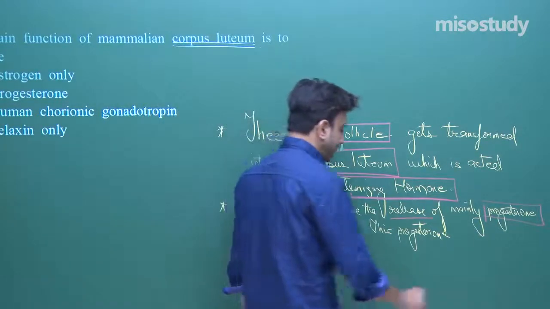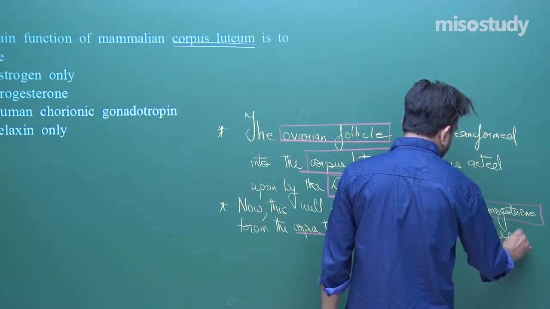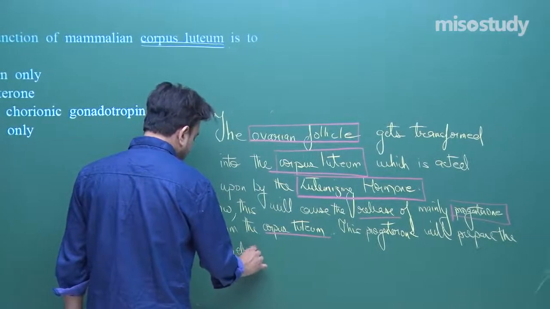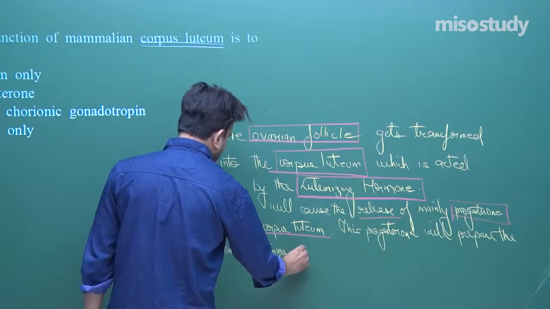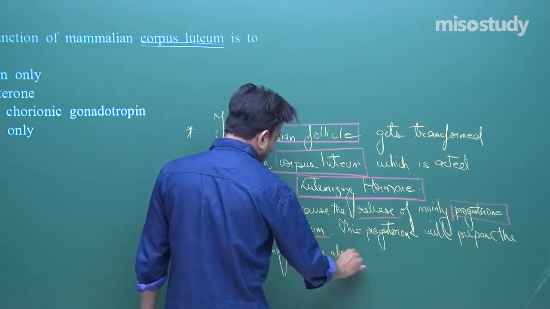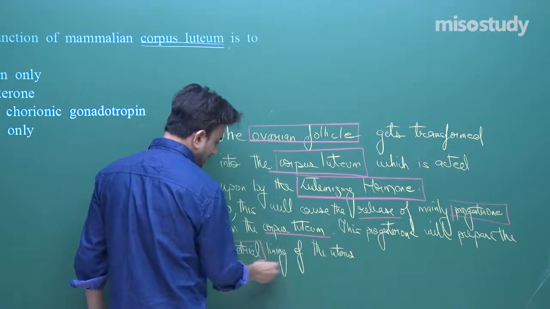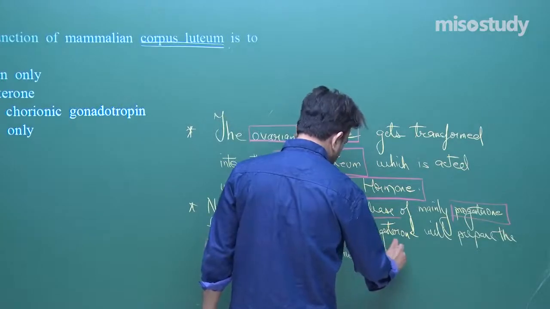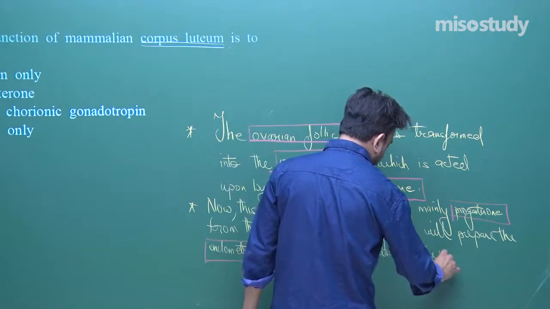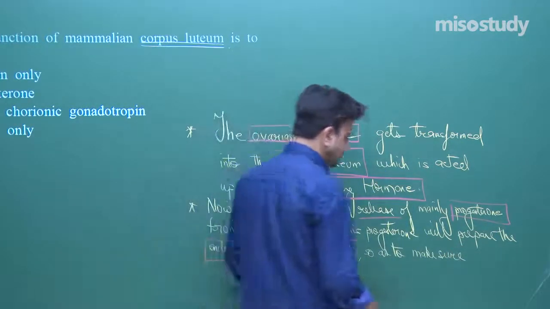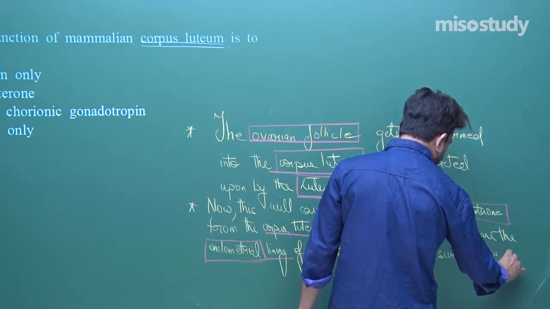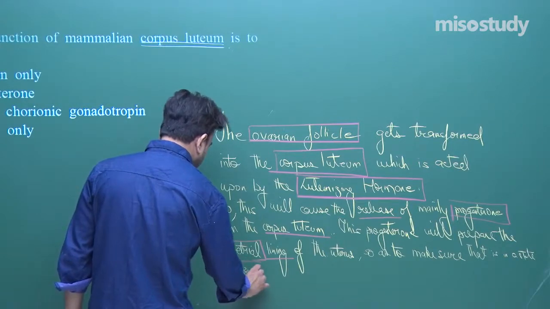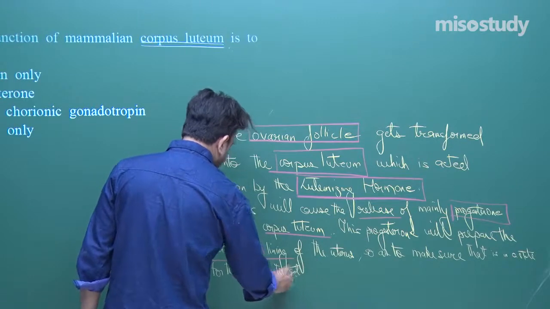This progesterone will prepare the endometrial lining of the uterus so as to make sure that it is in a state for the zygote to get implanted.